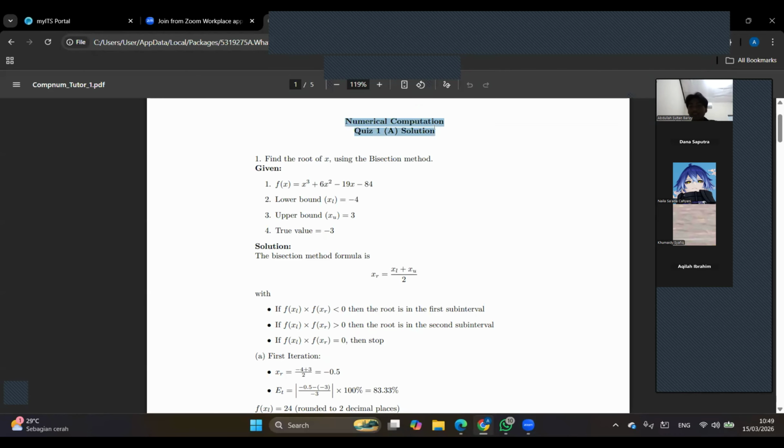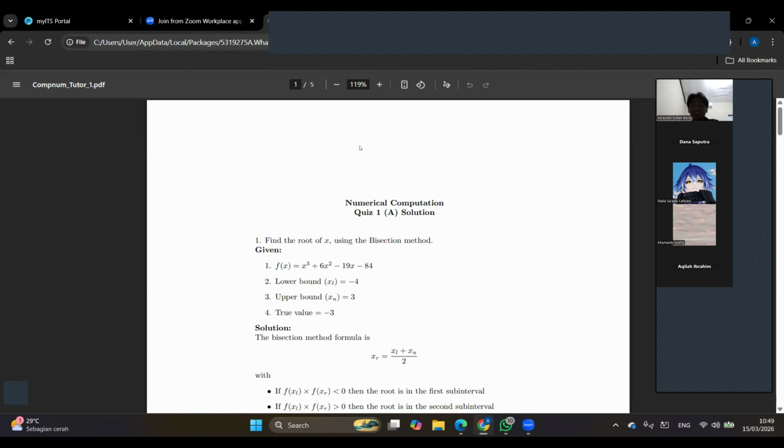I got the information that you guys will have the numerical computation quiz simultaneously with Bu Bilkis's class. So I got last year's quiz, the problem with the solution. And in my experience, the question is not that different year to year.